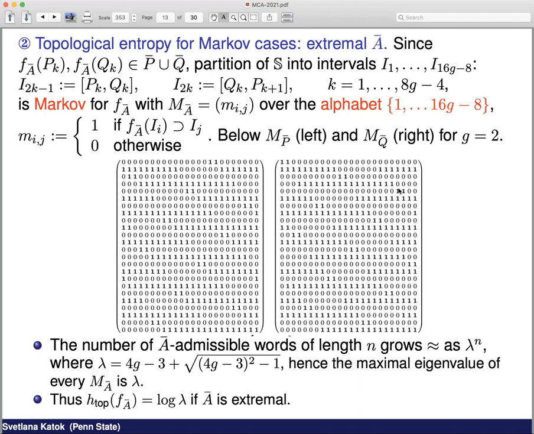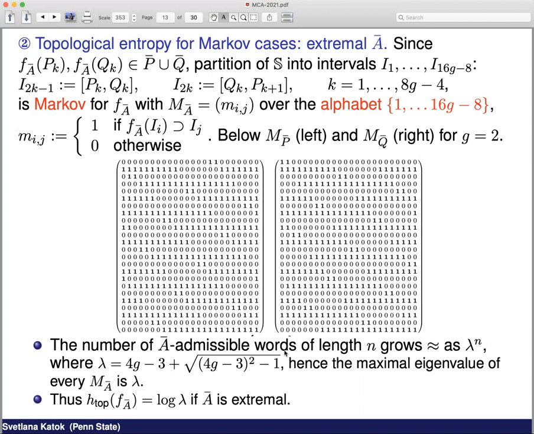For any extremal, you can draw this. Now, the number of admissible words of length n grows as lambda to the n, where lambda is this number, a quadratic number, which only depends on the genus. And therefore, the maximal eigenvalue of this matrix is exactly lambda.